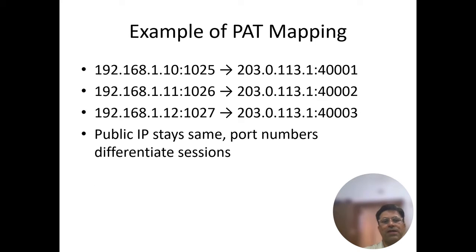See, this is our LAN private IPs, different for each device, with the port number for each device, and this is our public IP with the port numbers. The public IP stays the same; port numbers differentiate sessions.